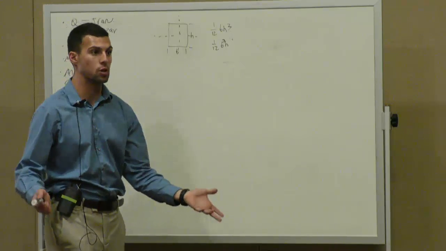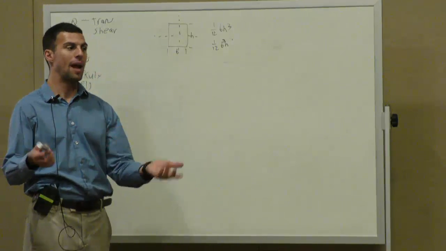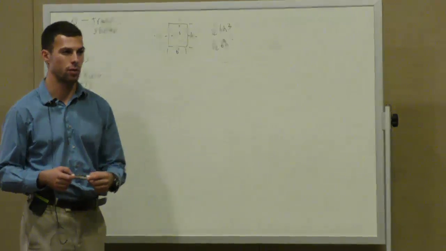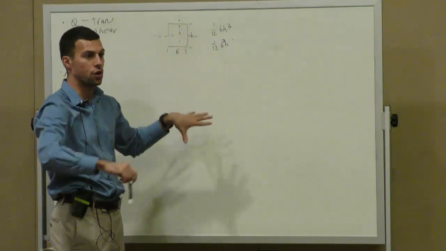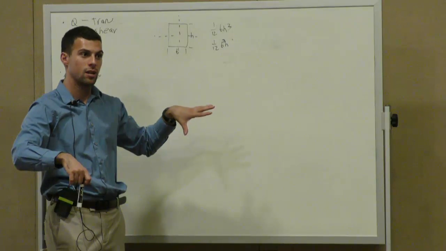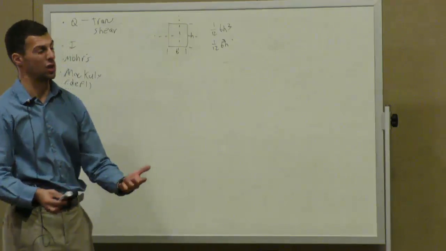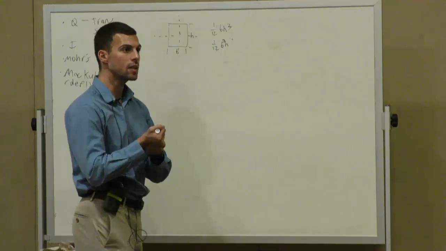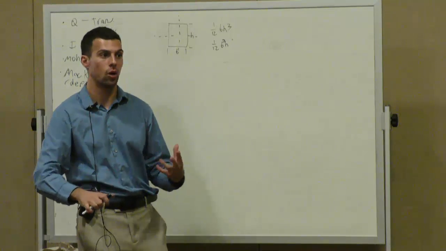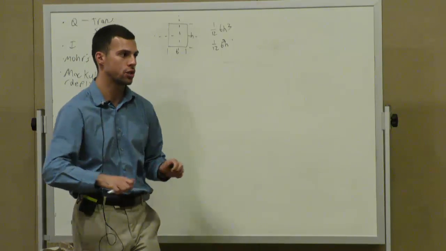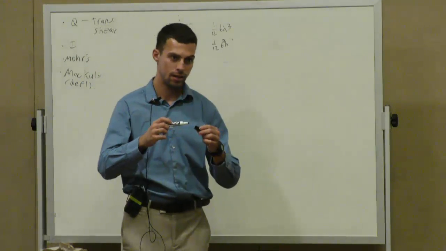Now, how do we establish the neutral axis? In bending, it's kind of straightforward, at least to me. Is it straightforward to everybody? In transverse shear, is it straightforward? It's actually the same axis, usually. In transverse shear, it is the axis that is perpendicular to the direction of your shear force. Does that make sense?